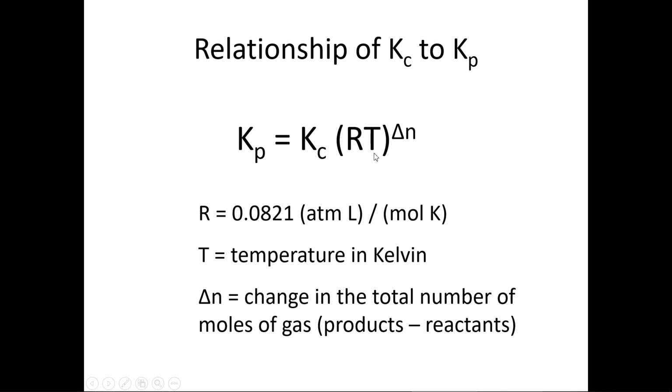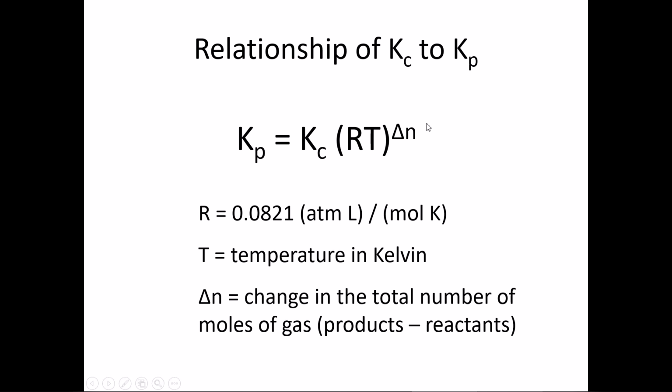And our temperature has to be Kelvin. Now the delta n refers to moles of gas, and our delta refers to change. So we're looking at the change in the moles of gas from the reactants to the products. Basically, we're trying to determine, is our reaction making more moles of gas, or do we have less moles of gas in the products compared to the reactants?